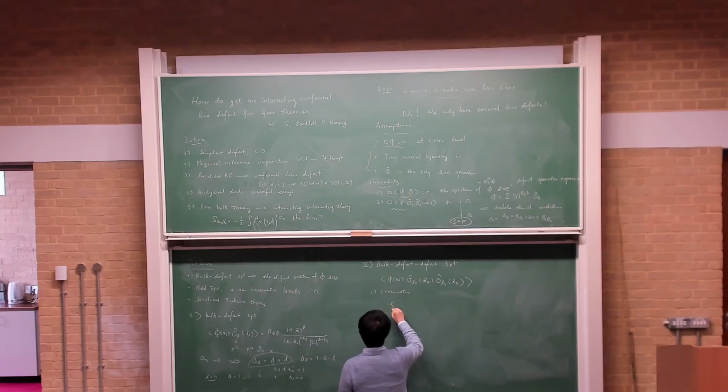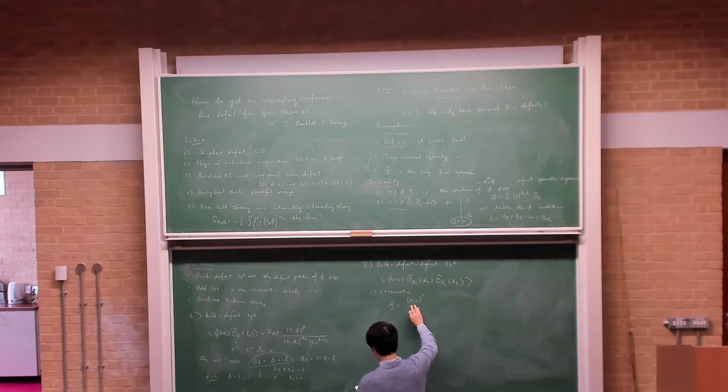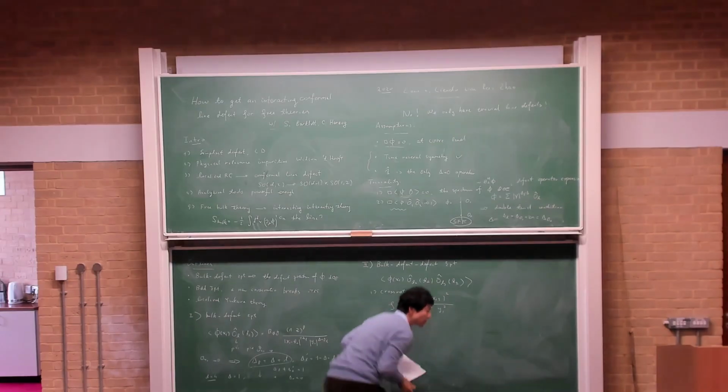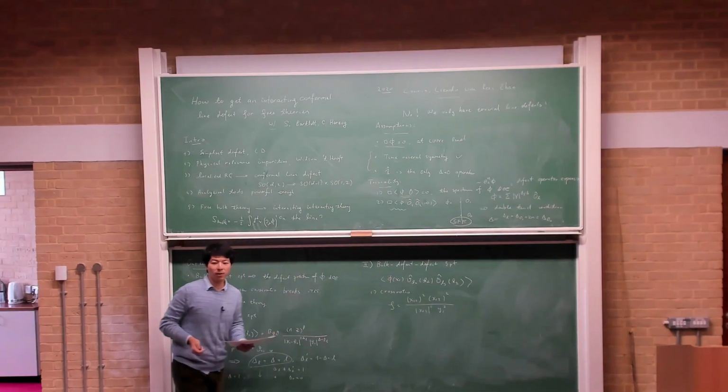So this cross ratio, let's call it zeta, involves the distance between operator 1 and 2, and between 1 and 3. Then along the line, there is also the distance between the two defect operators, and lastly, the transverse distance of the bulk operator to the line.